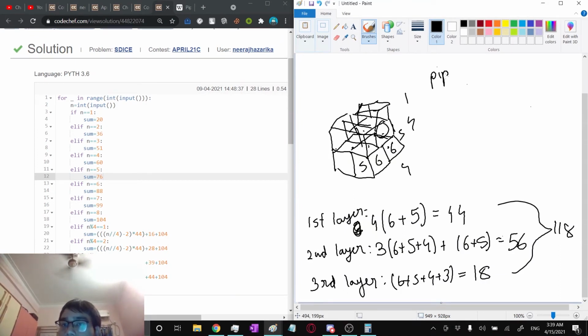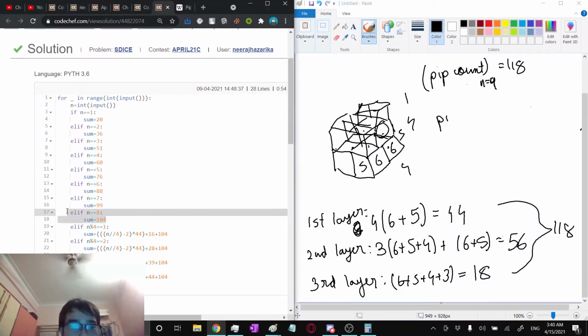So the sum is 118, and this is for n equal to 9, sorry. For n equal to 8, it was 104.